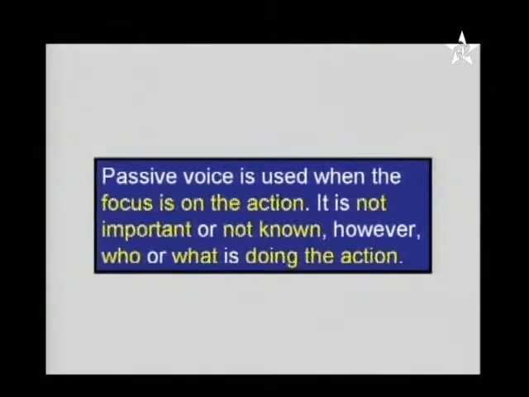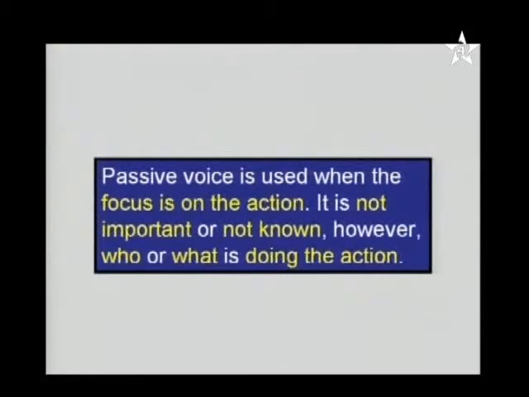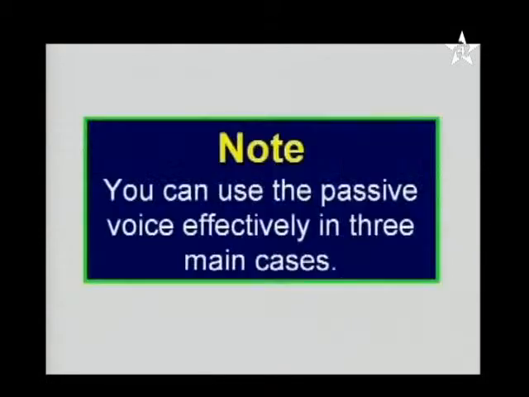Passive voice is used when the focus is on the action. It's not important or not known, however, who or what is doing the action. Okay? So we use the passive voice mainly to emphasize the action being done, not the doer of the action. Right?